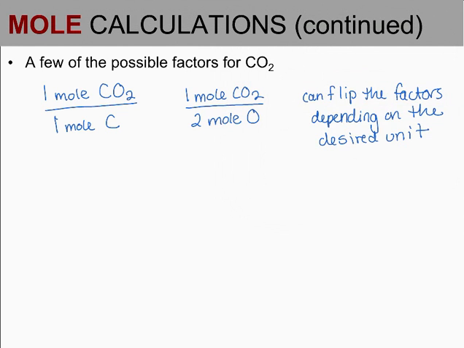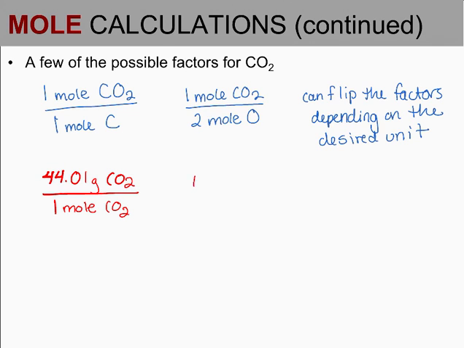Now, some other factors that we could use are the molar masses. So we saw that there are 44.01 grams of carbon dioxide for every 1 mole of carbon dioxide.